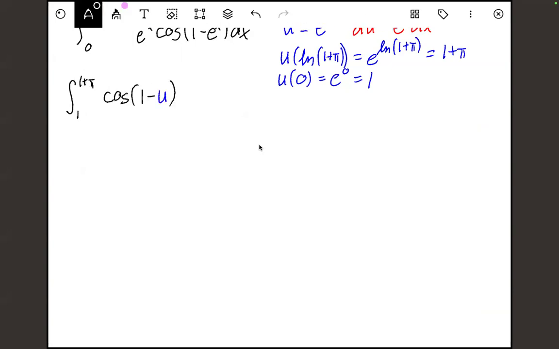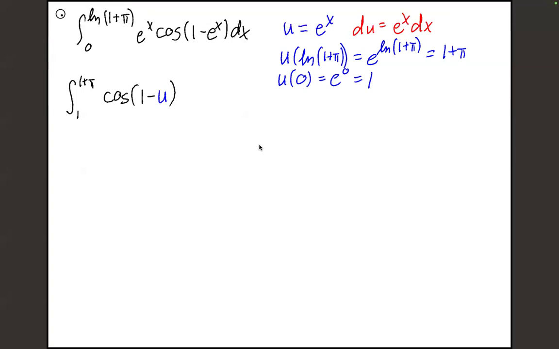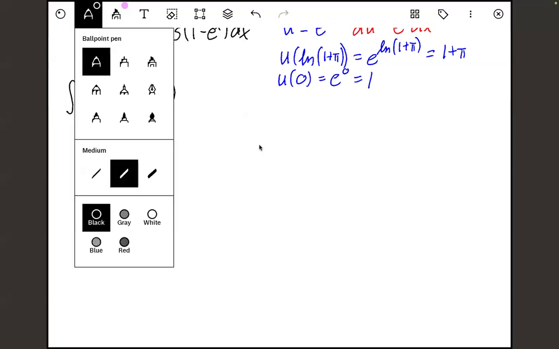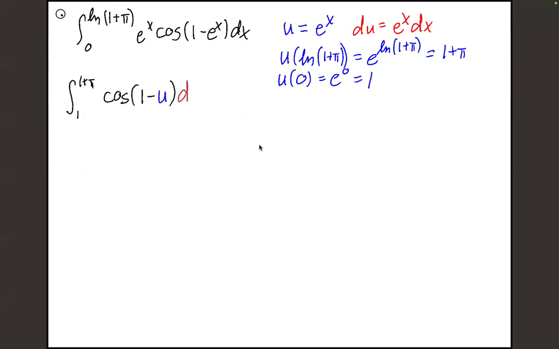And then remember, du actually equals e to the x dx. So e to the x dx, right? We can write this just as du. So this almost looks like something we can solve.